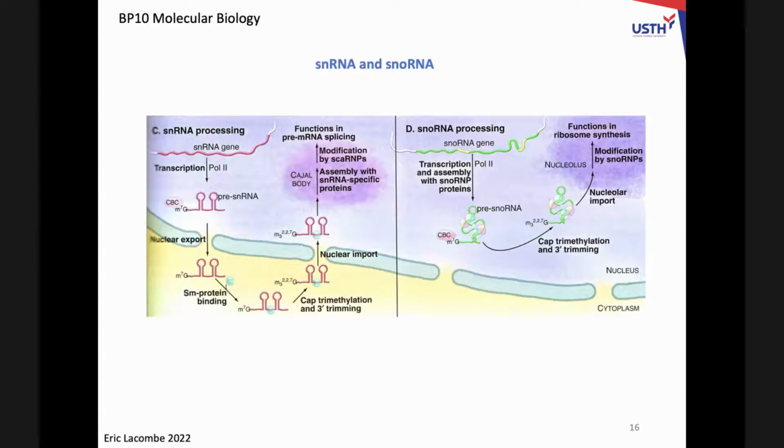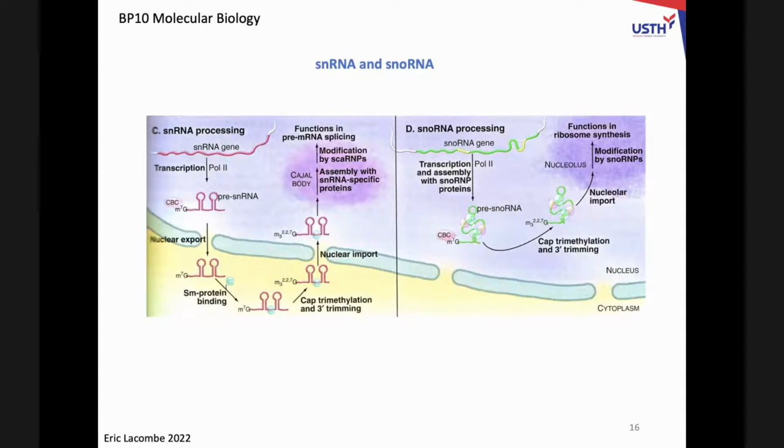But you have to keep in mind that in order to have the step of splicing happening, you need other genes, also transcribed by Pol2, that give rise to snRNA that are part of the complexes responsible for splicing.